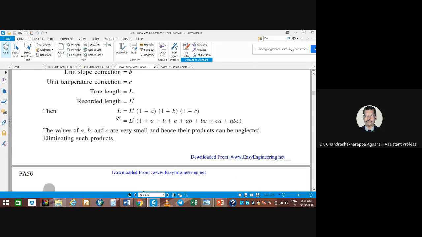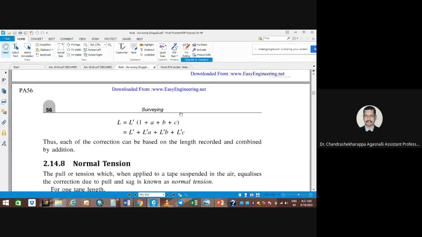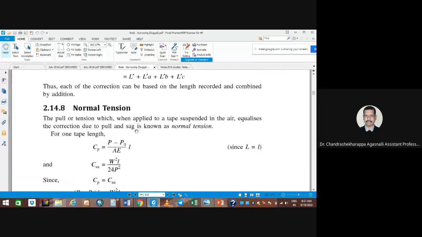Then L is equal to L dash, bracket 1 plus A, close bracket, 1 plus B, 1 plus C. Altogether the values of A, B, and C are very small, and hence the product can be neglected, eliminated. Thus each correction can be based on the length recorded and combined by addition.